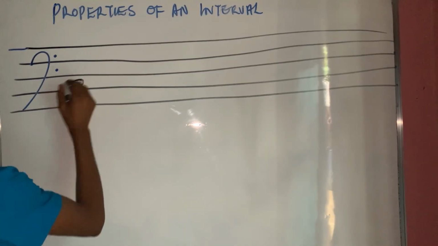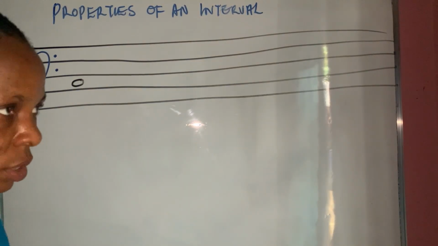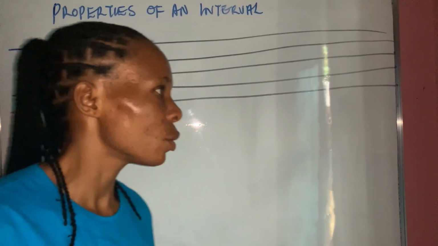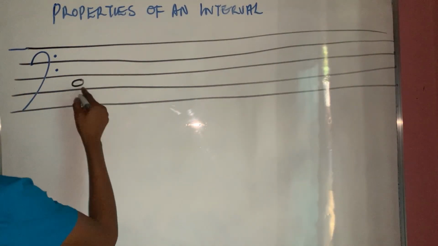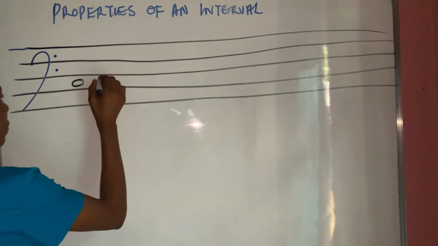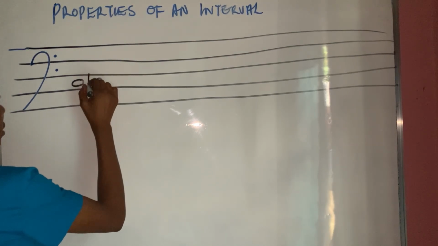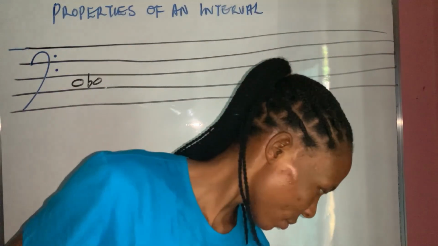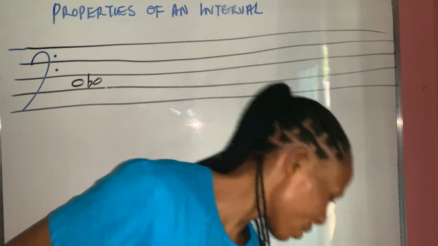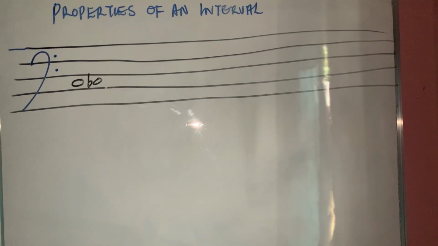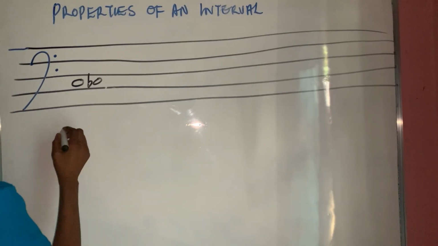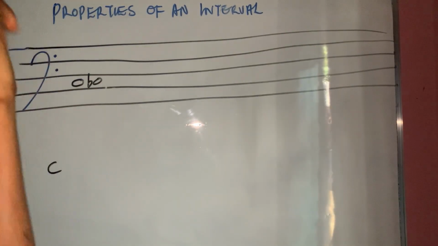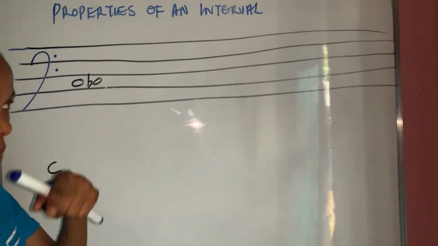C to C was a perfect unison. Do you still remember that? Good. But C to C flat, let me write the chromatic scale starting on C, both ascending and descending, because we are going to work with both now.